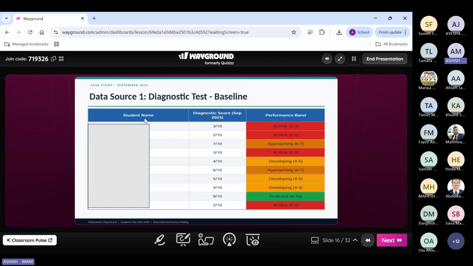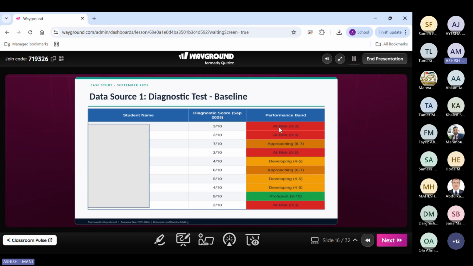Now, if you see the diagnostic test at the start, the class average, if I see the data, I have seen out of 10 marks how many students scored what marks. So I arranged them in the RAG framework. I told you the RAG framework is red, amber, and green. Those who score 8 to 10 are at the proficient level.